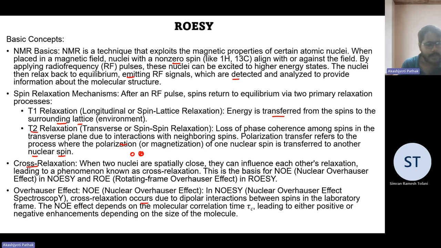The nuclear Overhauser effect depends on the molecular correlation time tau c, leading to either positive or negative enhancements depending on the size of the molecule. So the molecular correlation time tau c is dependent on the size of the molecule, and the size of the molecule will determine whether it will give either a positive enhancement or a negative enhancement.